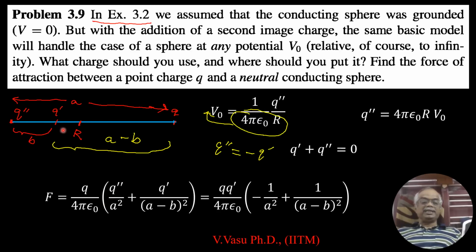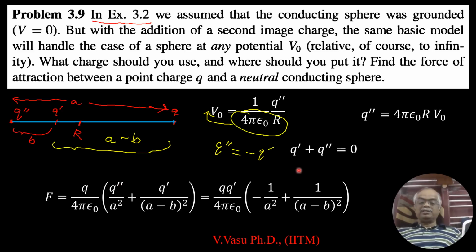Then plus the force between q prime and q, which is q into q prime over the square of the distance between them, a minus b whole squared.